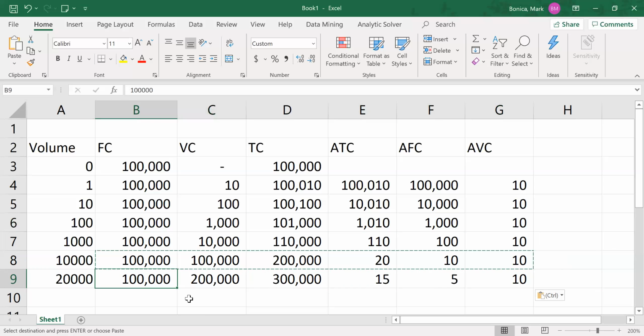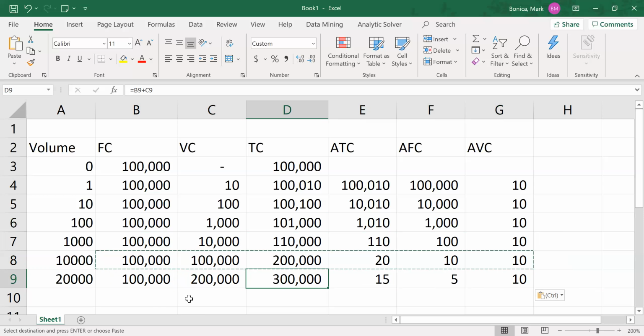So now our variable cost is exceeding, I should have made that point earlier, at 10,000, our variable cost and our fixed costs are equal. At 20,000, our variable costs exceed our fixed costs. So now we have a total cost of 300,000 for this operation, which is a lot of money, right?